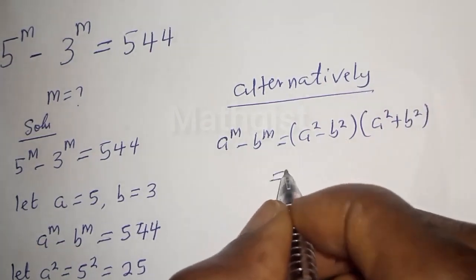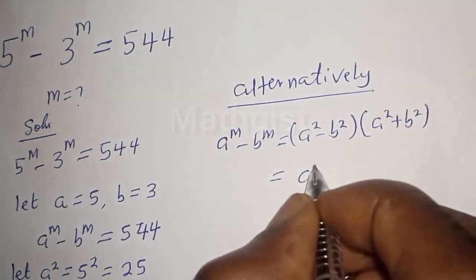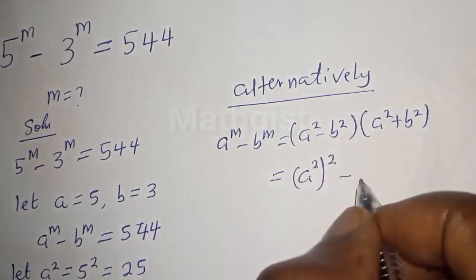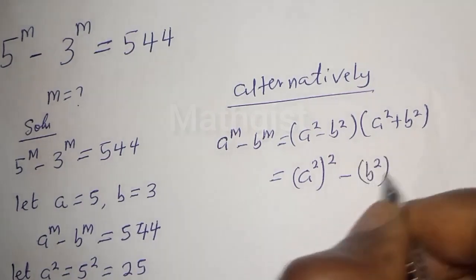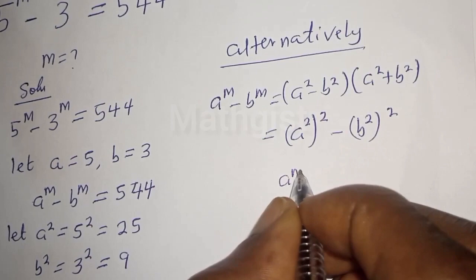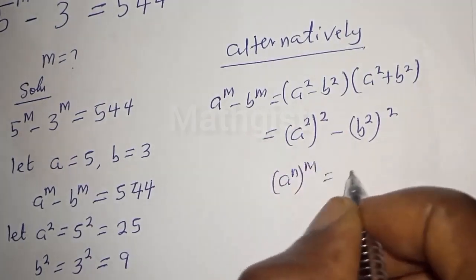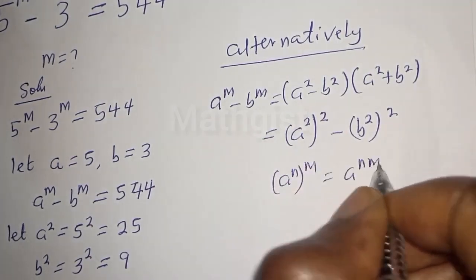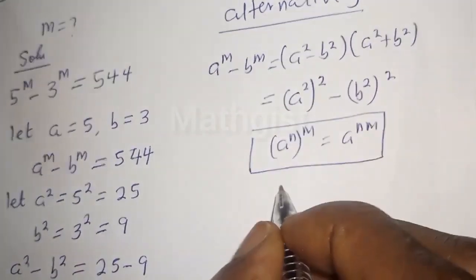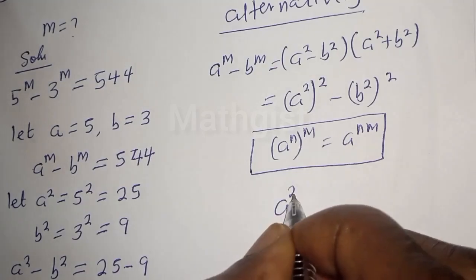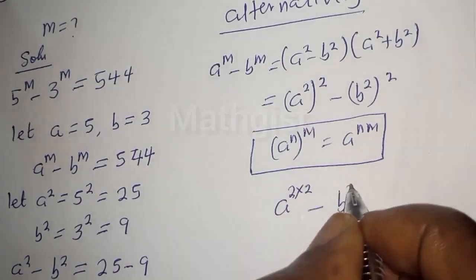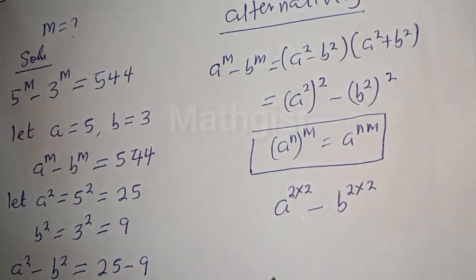Then this is equal to a square square minus b square square. And you know that if you have a raised to power n to the power of m is equal to a raised to power nm, then this can be written as a raised to power 2 multiplied by 2 minus b raised to power 2 multiplied by 2.